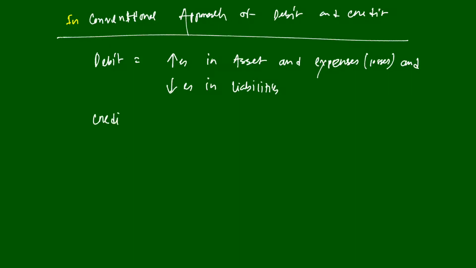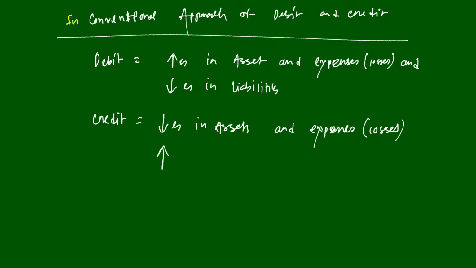In credit items, we learn decreases in assets and expenses, that is losses, and increases in liabilities.